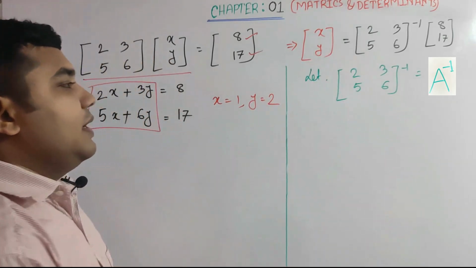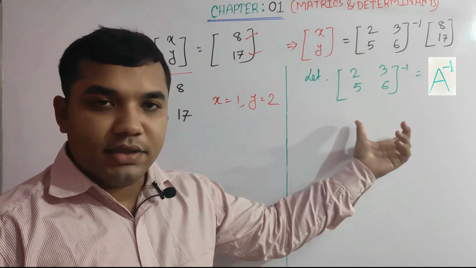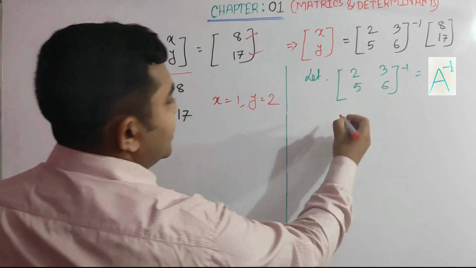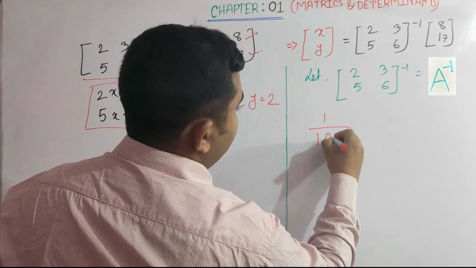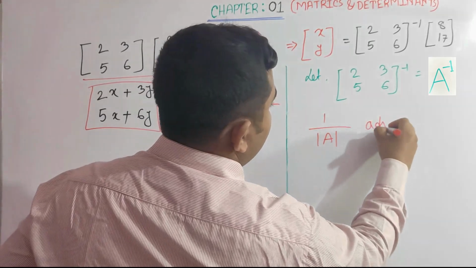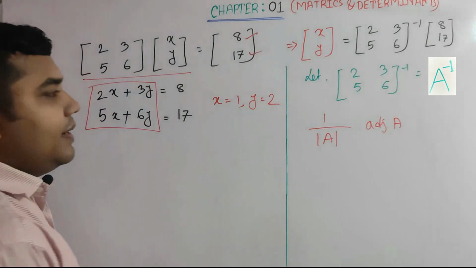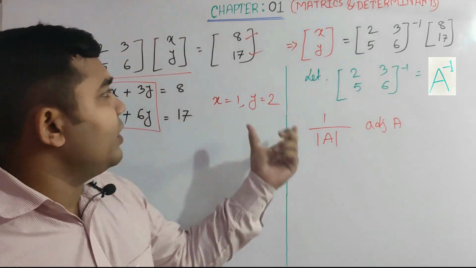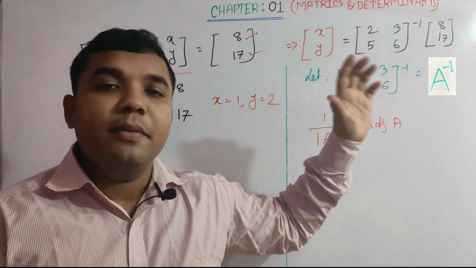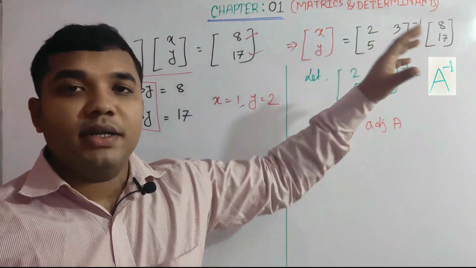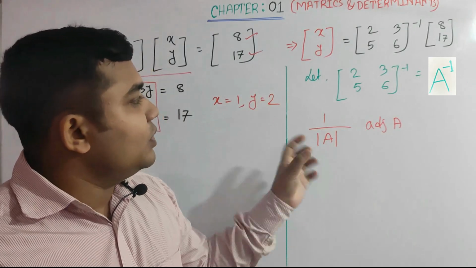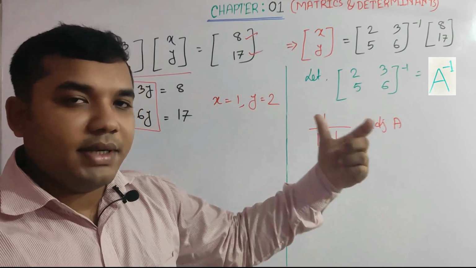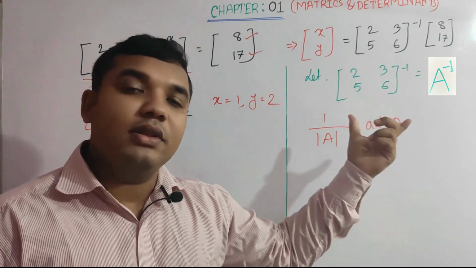The value of the inverse matrix can be found by a formula, that is 1 by determinant of A into adjoint of A. Dear students, maybe one question arises in your mind: why are we going for the inverse matrix? Because determinant comes to determine whether a matrix is invertible or not.